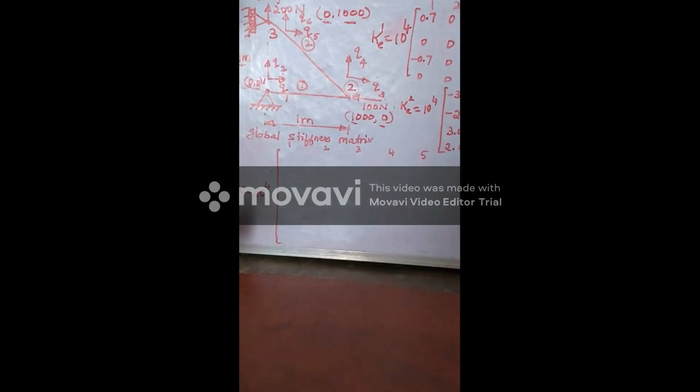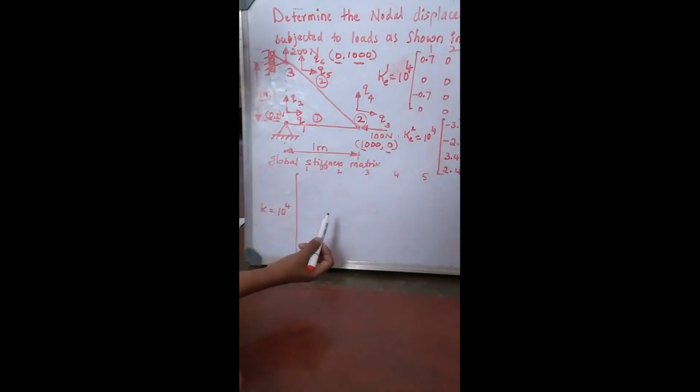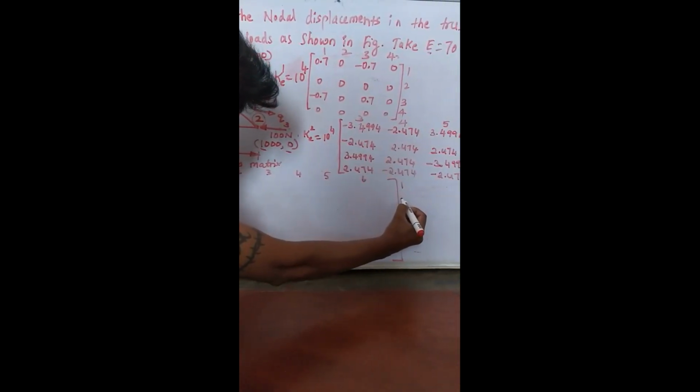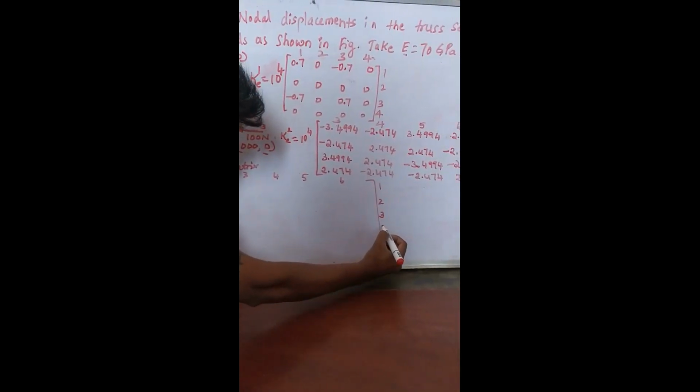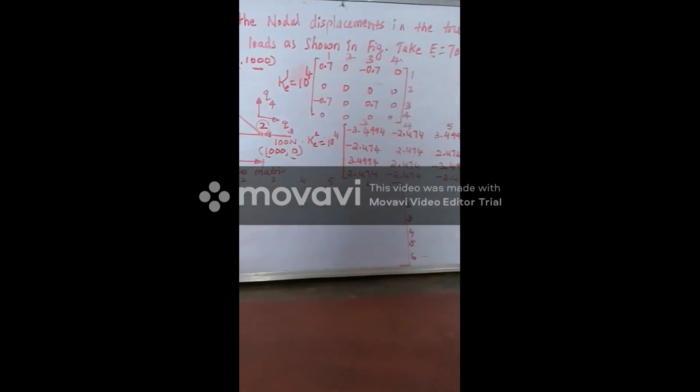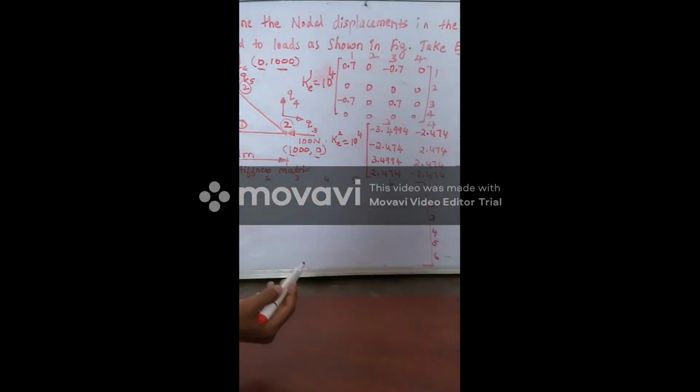Now I will derive the global stiffness matrix. So I have written 1, 2, 3, 4, 5, 6 for our reference. This is for reference, the numbers I have written.